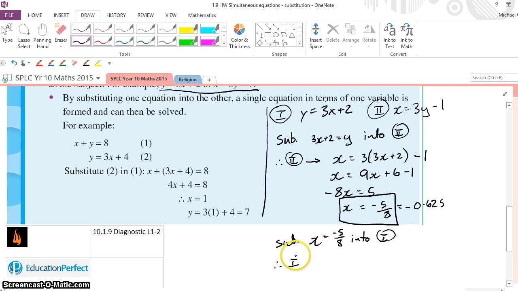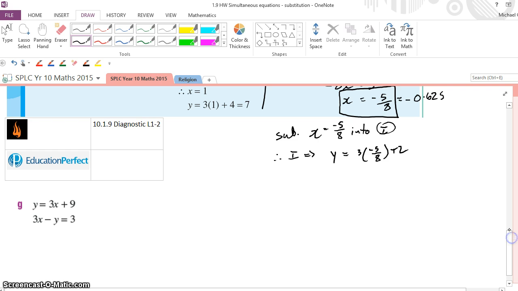So equation 1 becomes y equals 3 by negative 5/8 plus 2. Y equals negative 15/8, and 2 would be 16/8. So y equals 1/8.